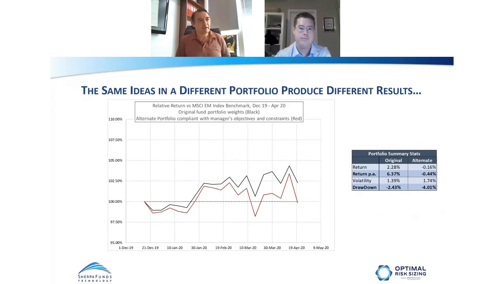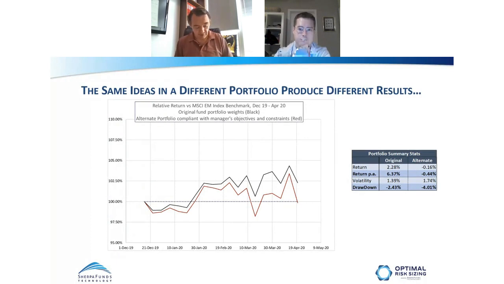We can take the same 90 stocks and the same constraints, and we'll talk a little bit more about that in a second, and produce another portfolio that looks very similar to the original portfolio. It would pass all the fund's risk testing and concentration testing, all that sort of stuff.